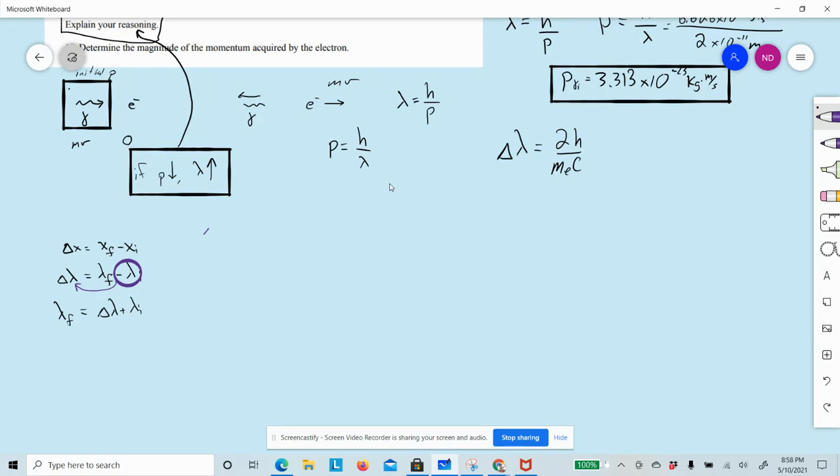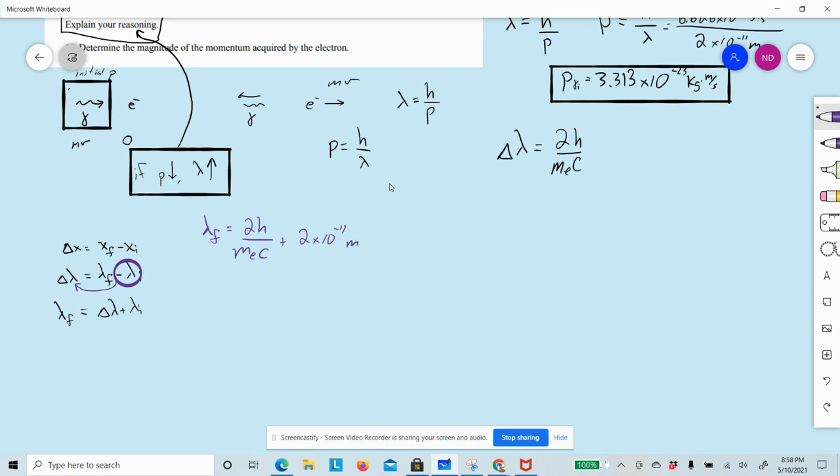So the final equals 2h over m_e c plus the initial, 2 times 10 to the minus 11th meters.